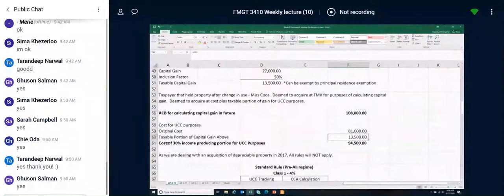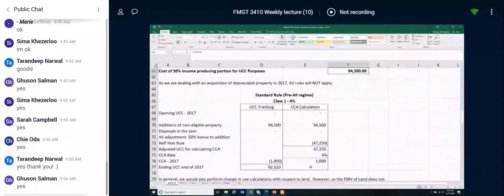So the cost that you can put into UCC is only 94.5. So that means that when you do your CCA calculation in 2017, remember, the AII regime only applies if your additions were made November 21st of 2018 and beyond.